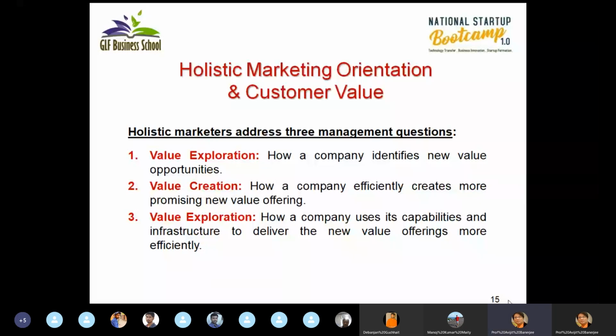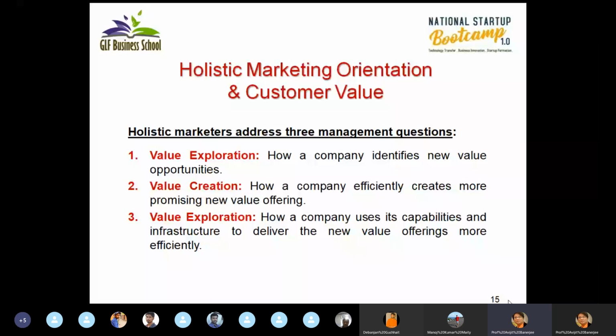The holistic marketers succeed by managing a superior value chain that delivers a high level of product quality, service, and speed. They achieve profitable growth by expanding customer share, building customer loyalty, and capturing customer lifetime value.